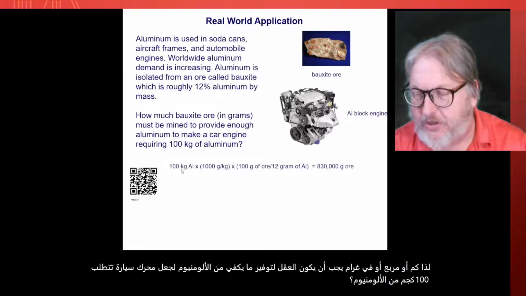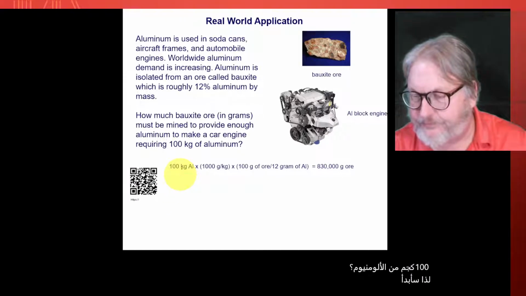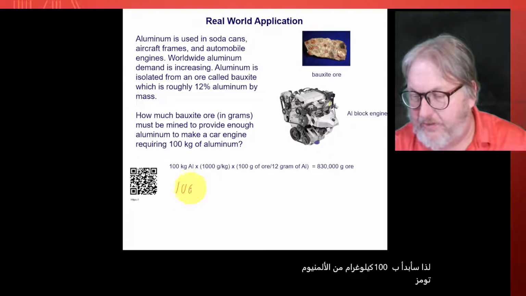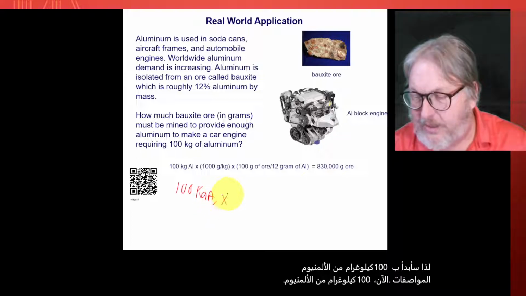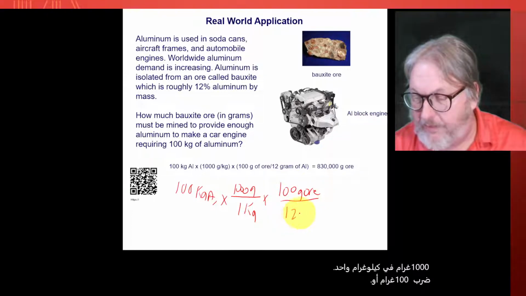I'm going to start with 100 kilograms of aluminum, times 1,000 grams in 1 kilogram, times 100 grams of ore over 12 grams of aluminum.